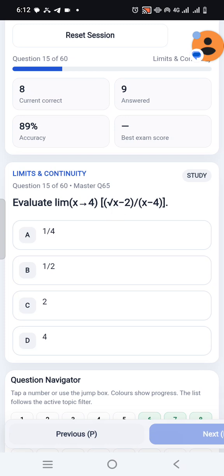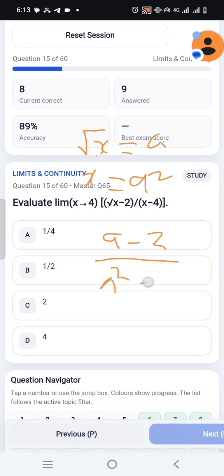So this square root of x is there. I can say square root of x is equal to a, because I know if I differentiate a, I'm going to get 1. So if square root of x is equal to a, then x itself is equal to a squared. Whenever I see square root of x, I'll replace it with a, and when I see x, I'll replace it with a squared. So square root of x here is a, then minus 2. Then this x here is a squared, then minus 4.